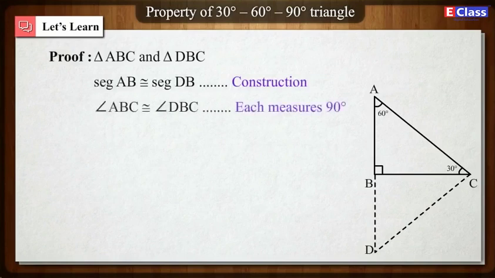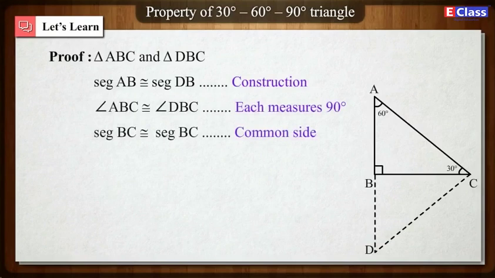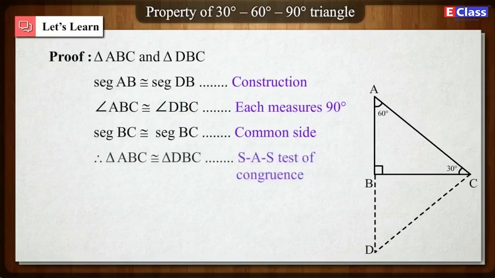Angle ABC is congruent to angle DBC as each measures 90 degrees. Segment BC is congruent to segment BC as it is the common side. Therefore, triangle ABC is congruent to triangle DBC by SAS test of congruence.